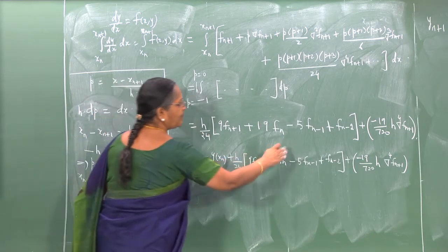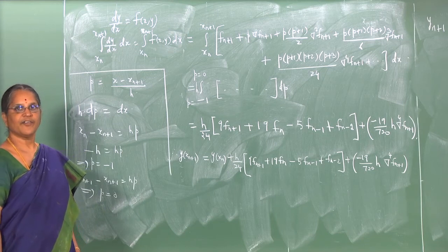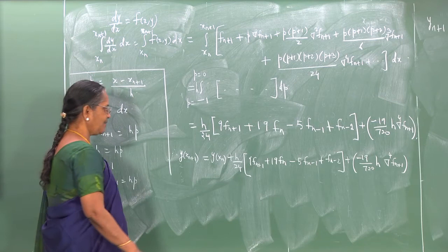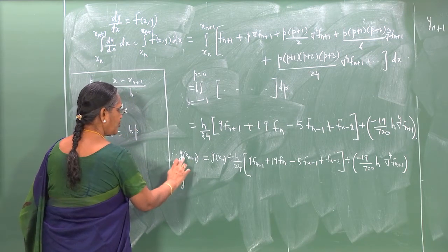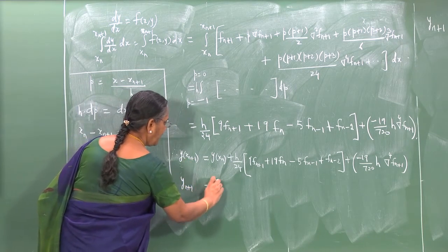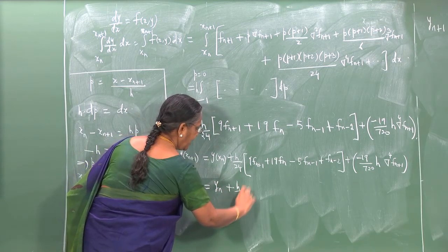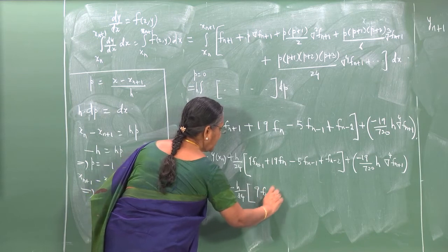And since we have approximated the function f of x comma y by means of a backward interpolation polynomial about xn plus 1, we obtain an approximation to the value of y at xn plus 1. So, we have yn plus 1 given by yn plus h by 24 into the terms which are written here.